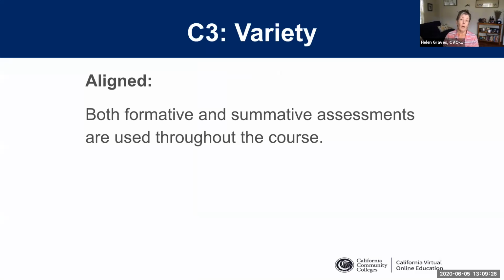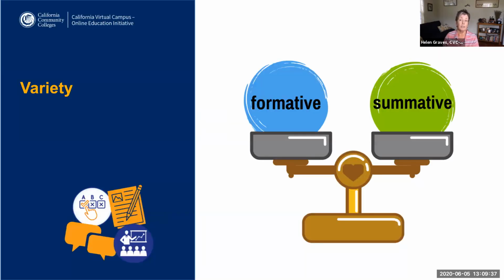C3 is variety, and the aligned definition of that says that both formative and summative assessments are used throughout the course. Using different types of assessments supports higher order thinking, and it's also going to allow students to show that they understand and can apply concepts rather than just memorize information for a quiz.